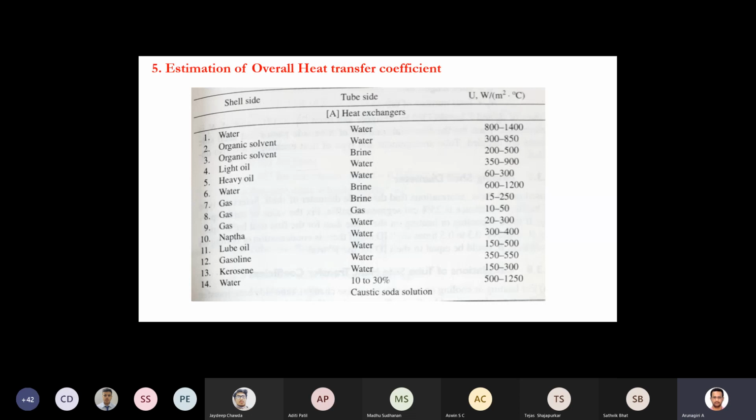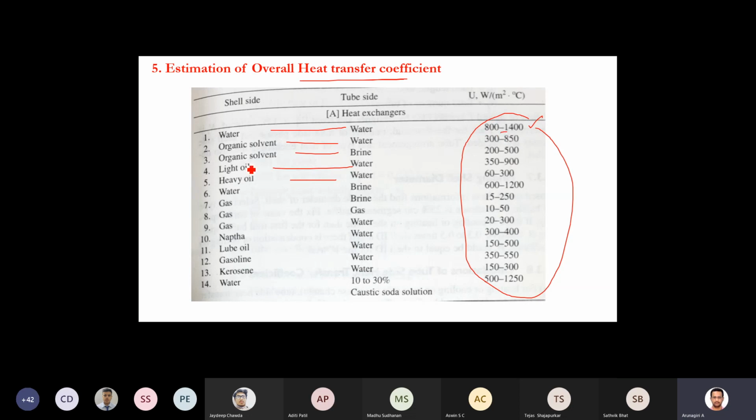Then the fifth step is that you have to estimate the overall heat transfer coefficient. Already we have discussed this in double pipe heat exchanger. For different combinations, you can select the range. For example, for water, the value will be around 800 to 1400 watt per meter square degree centigrade. You can select around 1000 or 1200.